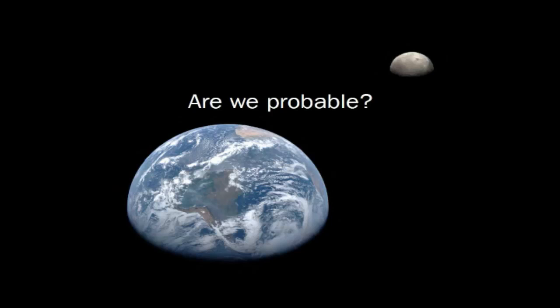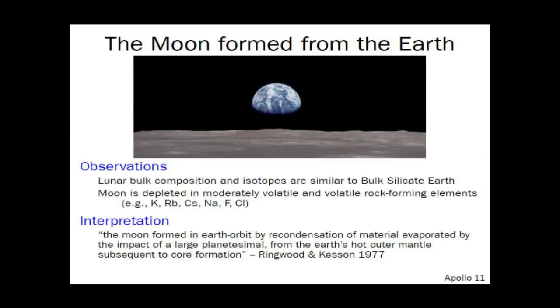So we have constraints on the origin of the Earth and Moon. The primary data that were used to drive the idea that the Moon formed from the Earth were gathered in the Apollo mission, where the bulk composition, that is the relative elemental ratios, and the isotopes, the particular differences within a single element, are similar to what we call bulk silicate Earth.